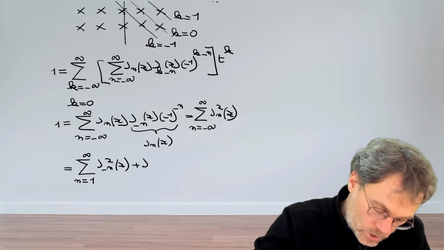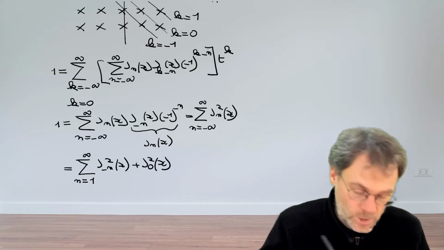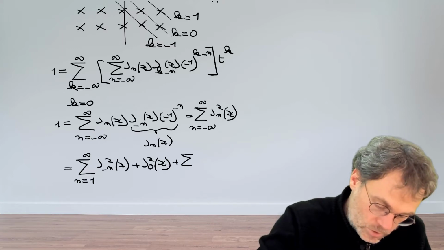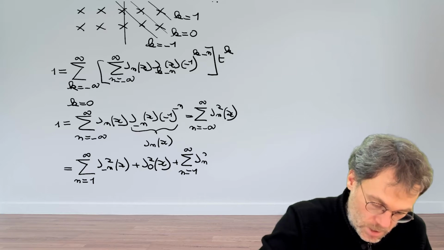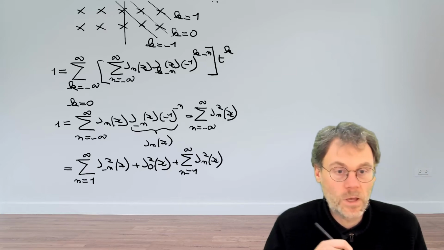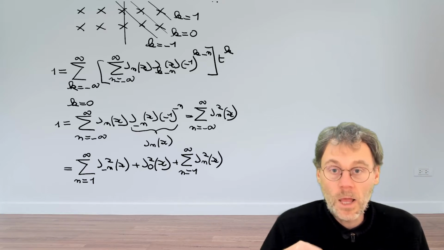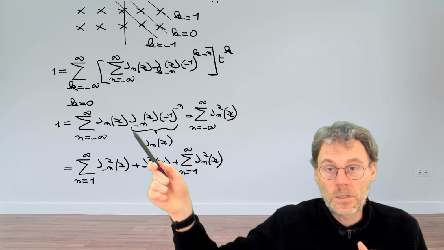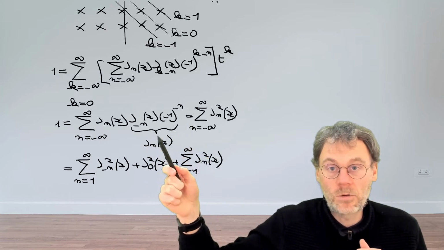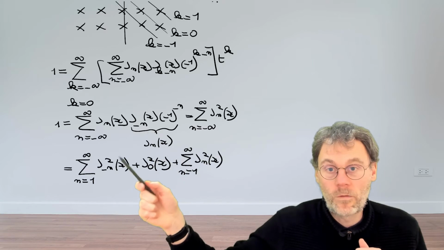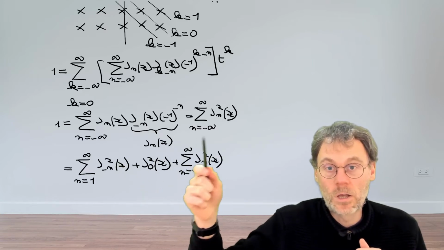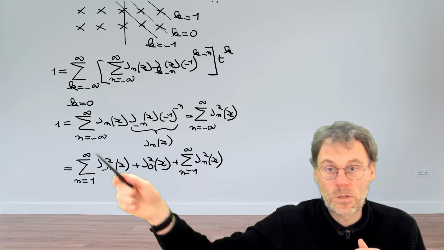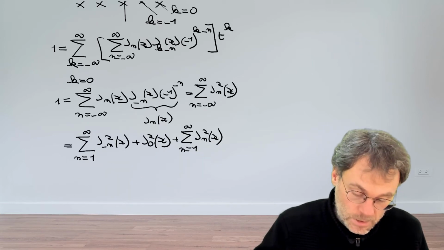The 0 is special, of course, so we just keep that separate outside of the summation. And then we have another summation for the positive orders, J_n squared of x. Now, if you look at what we had here, this basically tells you that if you take the square of a negative order, you just have the positive order over here. So this summation and that summation, that's just the same thing in disguise.